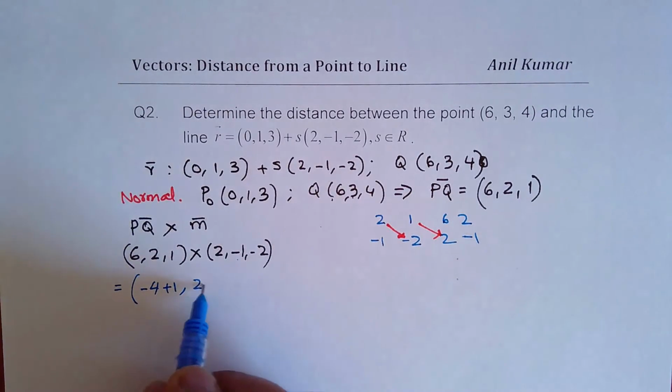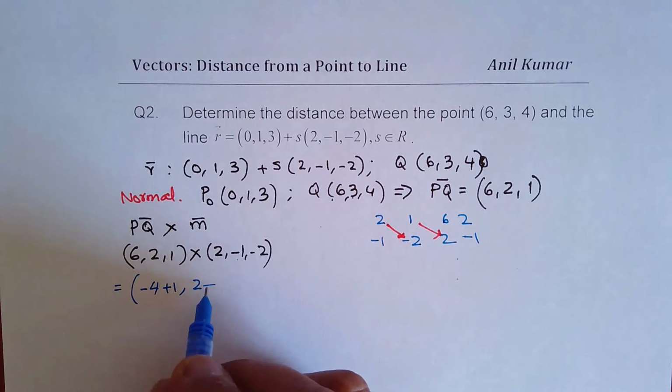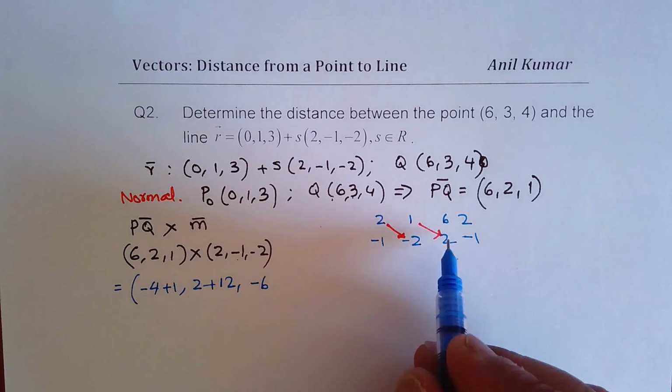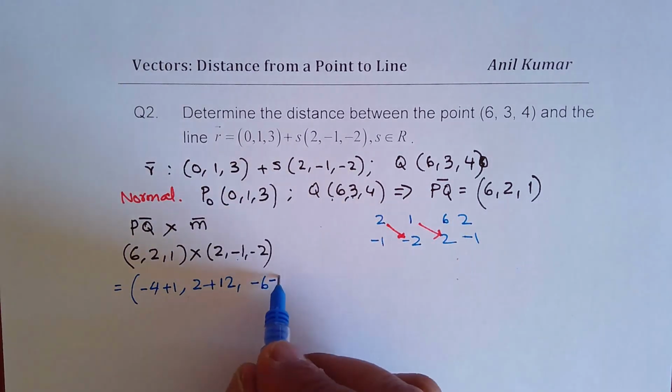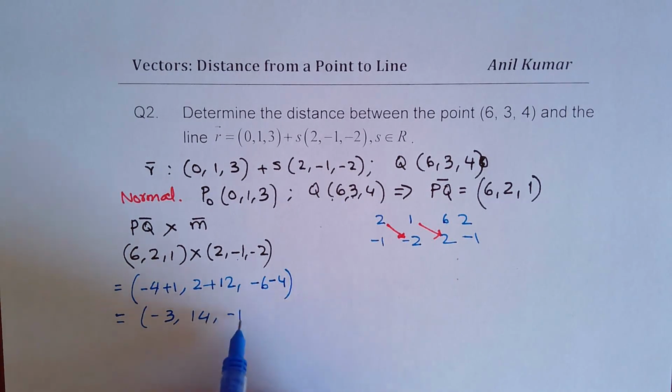Take away 6 times minus 2, so that makes it positive 12. Then 6 times minus 1 is minus 6, take away 2 times 2, which is 4. So that becomes the normal vector, which gives you minus 3, 14, and minus 10.